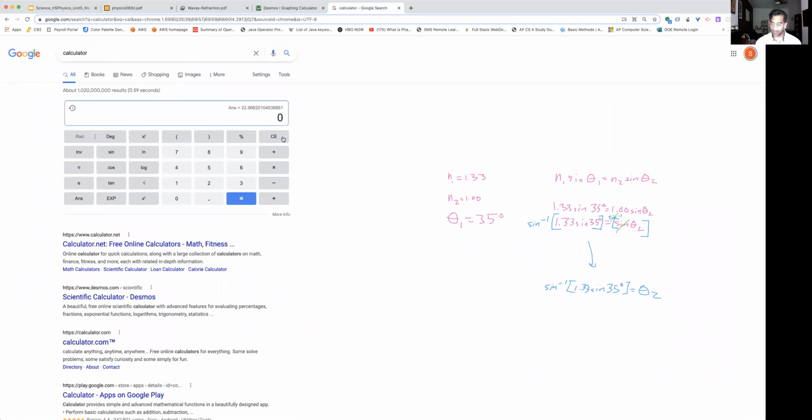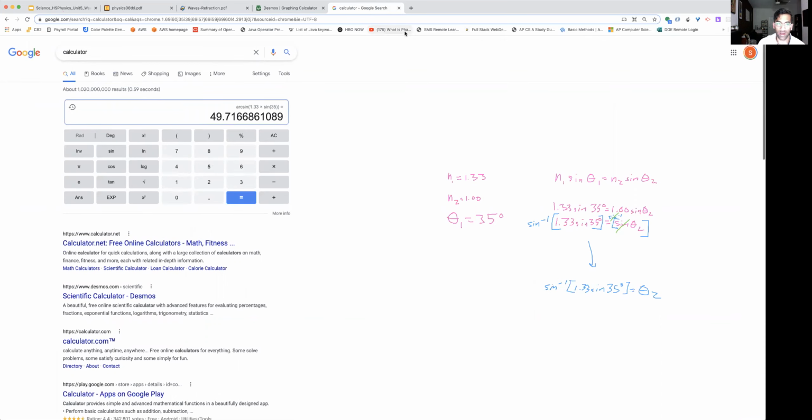Clear here. And again, I click inverse, I get the arc sine. And now inside of that, I'm going to write 1.33 times the sine of 35 and close my inner and outer parentheses. And that's going to mean that theta 2 is equal to 49.7 degrees when I round.